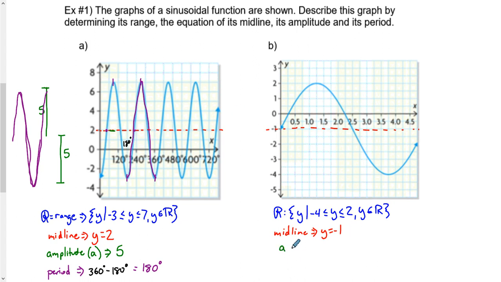Our amplitude, so again, is measured from that midline to our highest point. In this one, from -1 all the way up to +2 is not 6, it's 3. Or from our midline down to our minimum value is 3. So our amplitude is 3. And last but not least is our period.